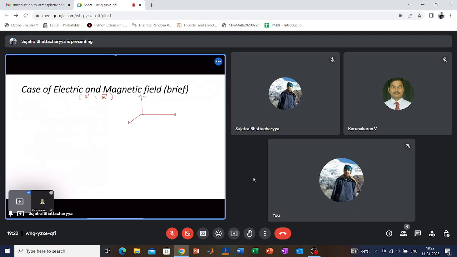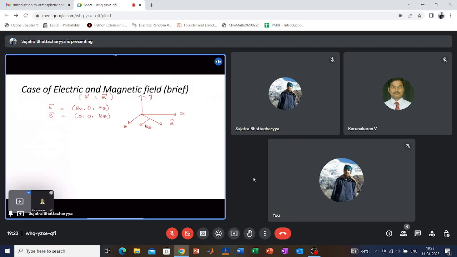So this is Z, this is X, this is Y, and suppose the electric field is in this direction and the magnetic field is Bz. So therefore the electric field is (Ex, 0, Ez). The entire derivation is there in the lecture, so you can always see that. I am not deriving it, just writing some particular results.